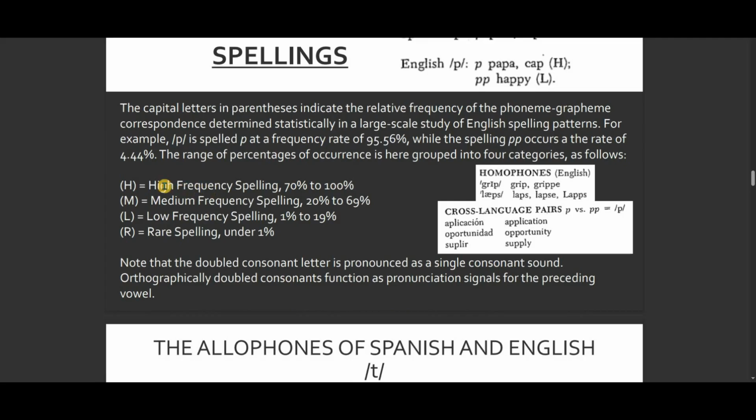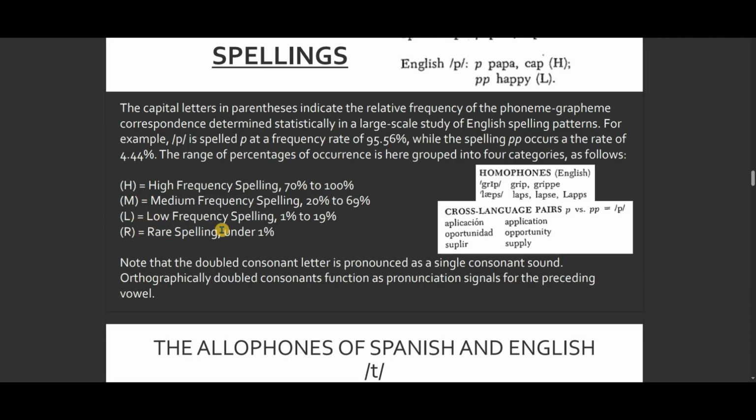Capital H meaning high frequency of spelling at 70% to 100%. Capital M meaning medium frequency, spelling 20 to 69%.